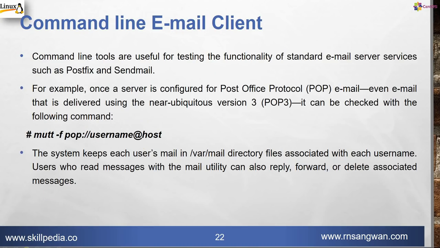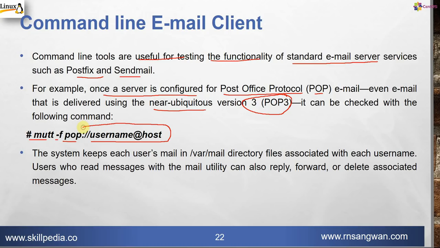Command line tool, that is mutt. Command line tools are useful for testing the functionality of standard email server services such as postfix and sendmail. For example, once a server is configured for Post Office Protocol, that is POP email, even email delivered using the near ubiquitous Post Office Protocol version 3, it can be checked with the following command: mutt -f pop://username@hostname.